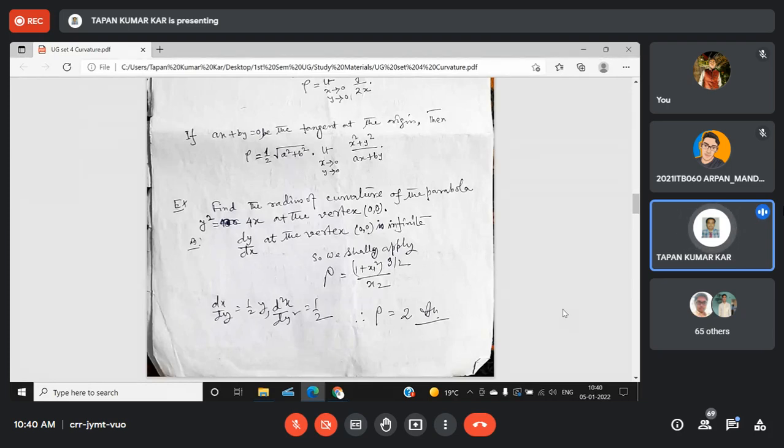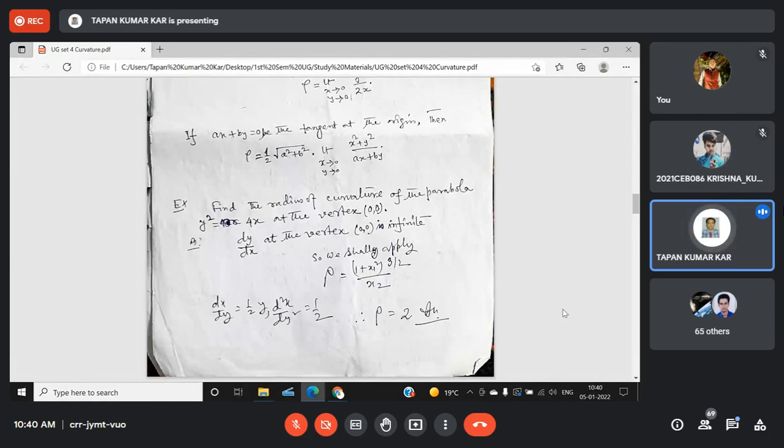X equal to 0 is the tangent means what? Y-axis is the tangent. So y square by 2x is, look at this.